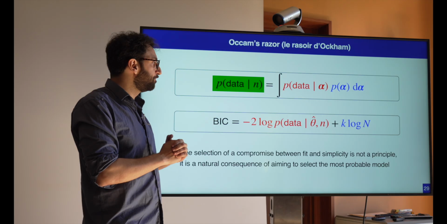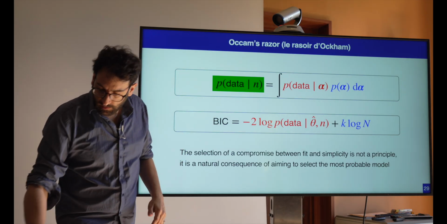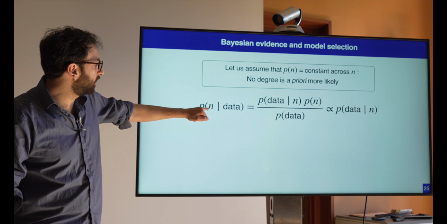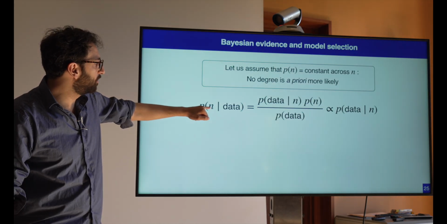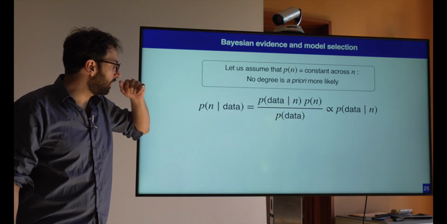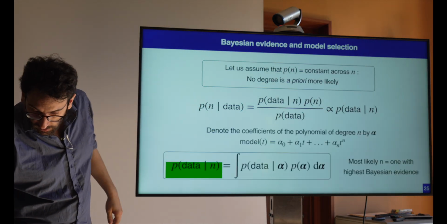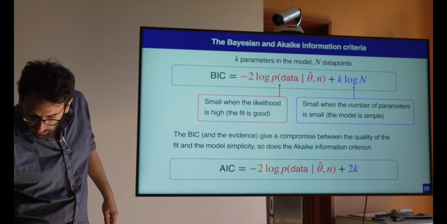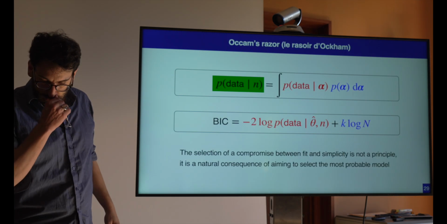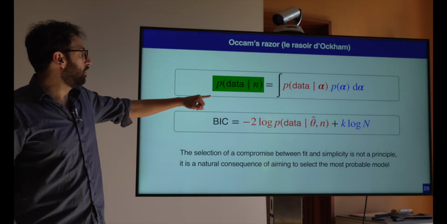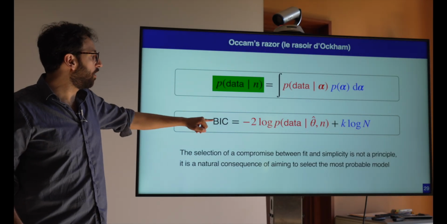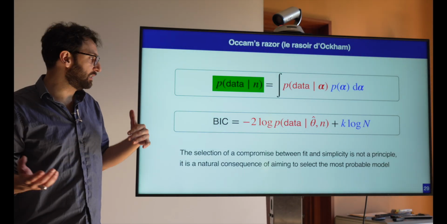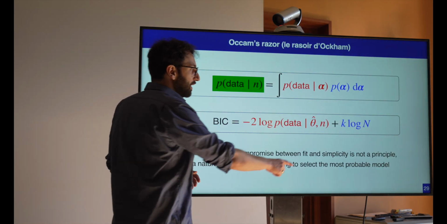So you want something that allows you to select the complexity of the model. Starting from trying to select the number of knots, knowing the data that is most probable, you arrive at trying to select the highest evidence or the lowest BIC, which both have a penalty for models which are too complex.